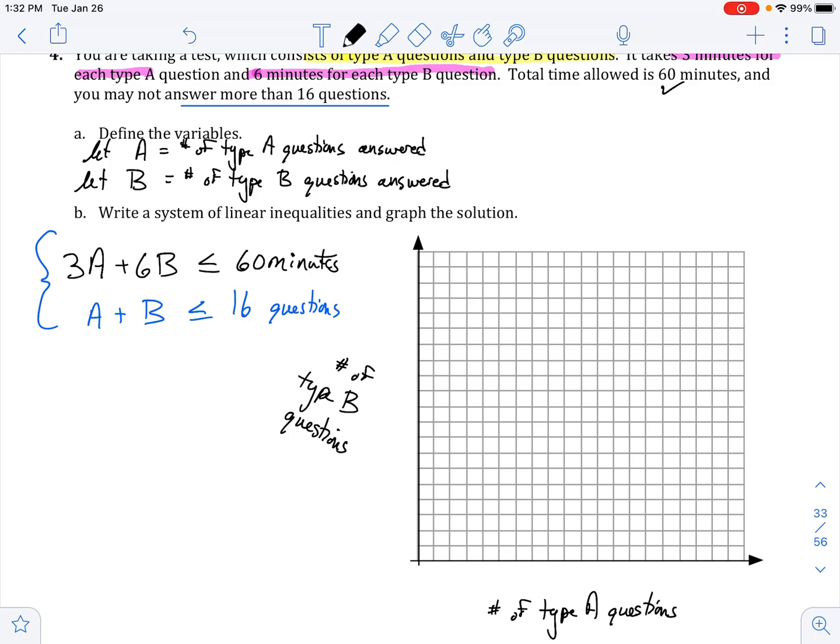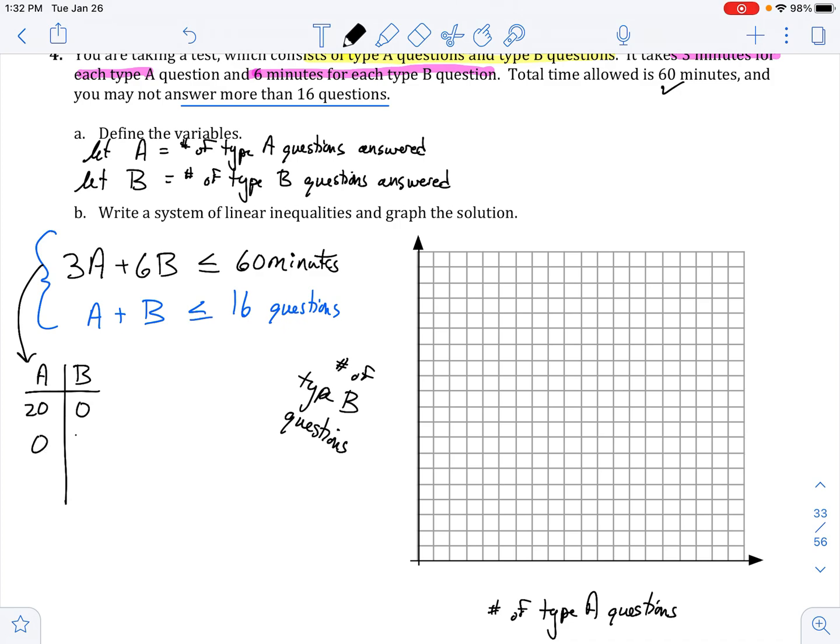When we like to figure out our scale, I'm going to focus here on, because they're in standard form, if I take a look at that top inequality, the A-intercept is 3 times what number is 60, which is going to be, and I put X, probably be helpful here if I call this the A-intercept and the B-intercept. But yes, A would be 20 when B is 0.